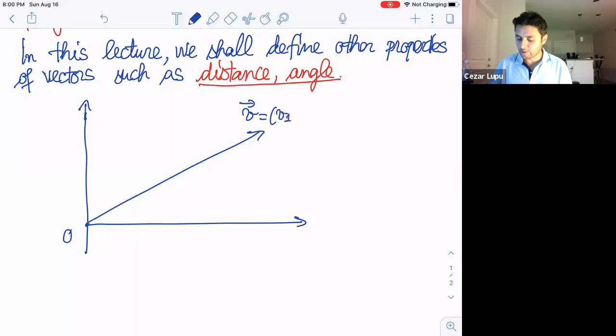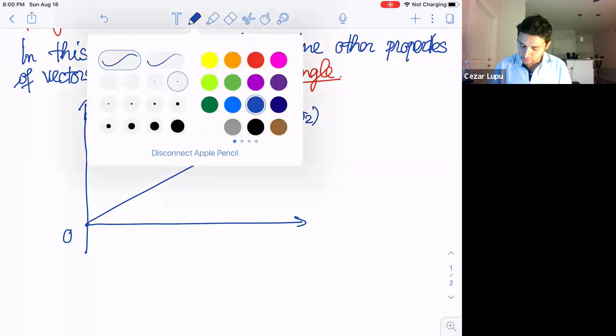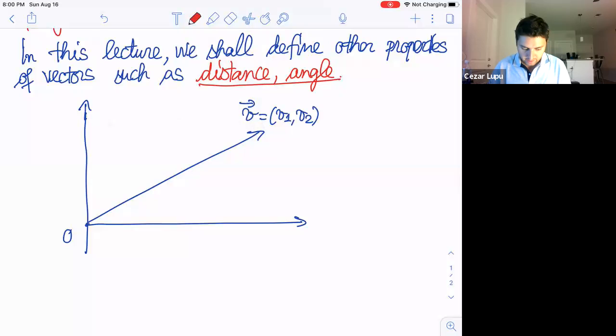This will be of coordinates v1 and v2. And now what I'm going to do is project this on the x-axis. So the distance from here to here, when I project this on the x-axis, v2 will be 0.